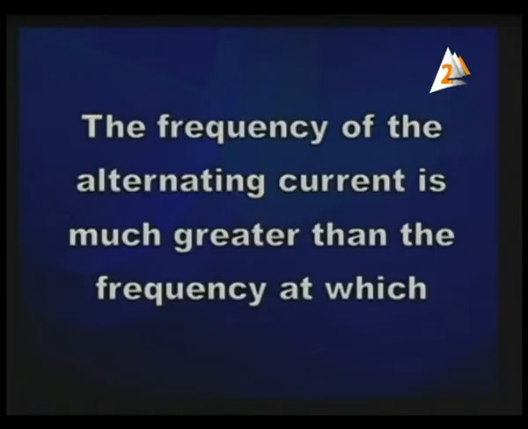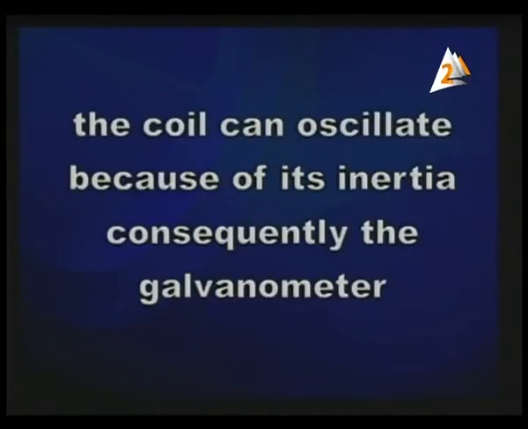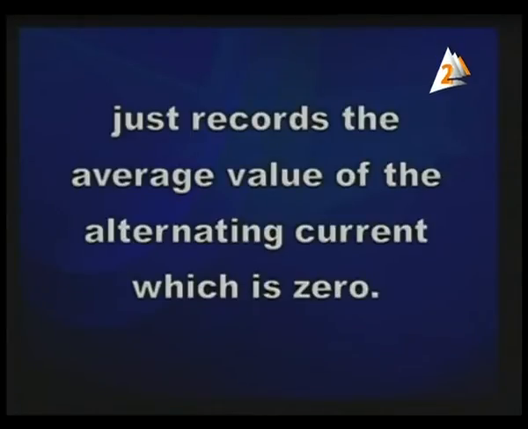The frequency of the alternating current is much greater than the frequency at which the coil can oscillate because of its inertia. Consequently, the galvanometer just records the average value of the alternating current. And of course, the average value of the alternating current during one cycle is 0.